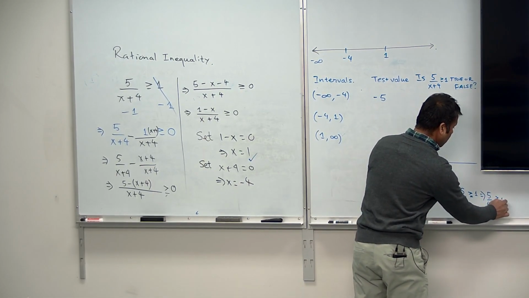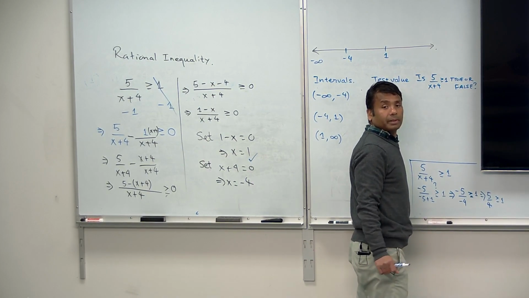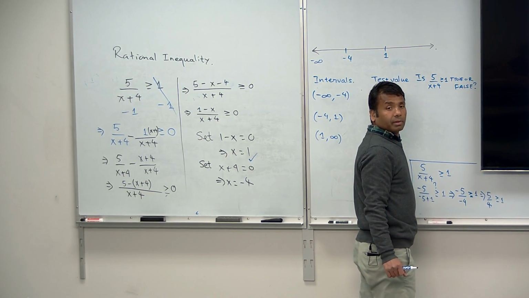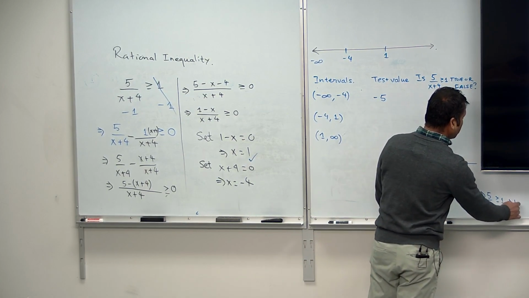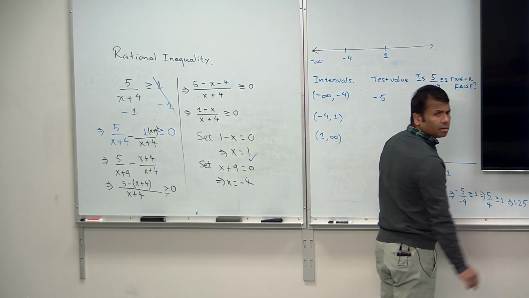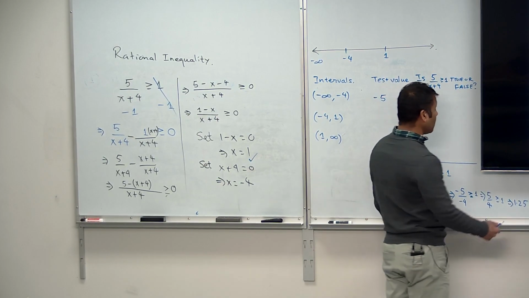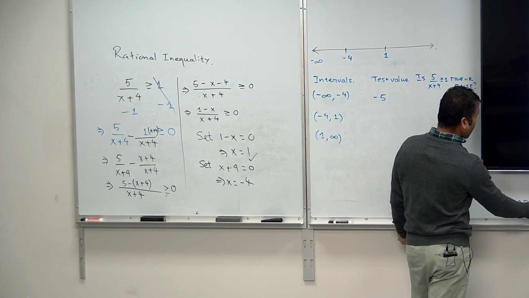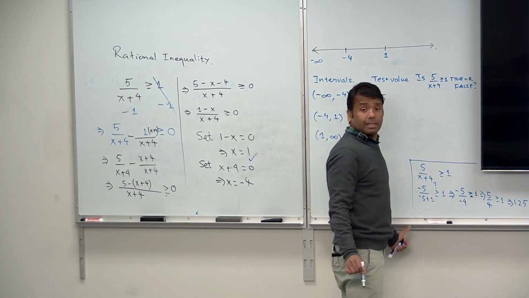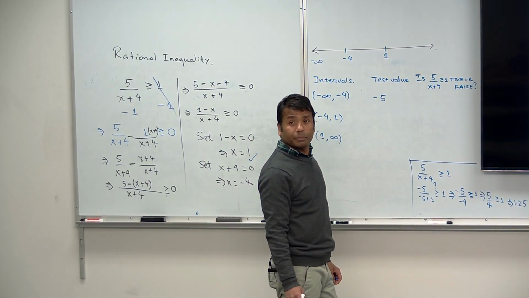What do you think? Is this true or false? You see that 5 over 4 is 1.25. Then definitely 1.25 is greater or equal to 1. This is true. Are you guys with me?